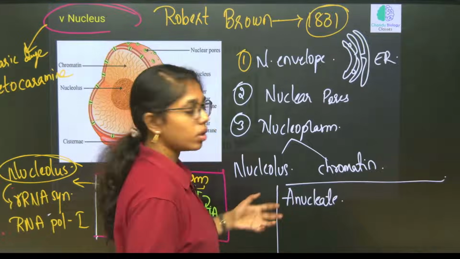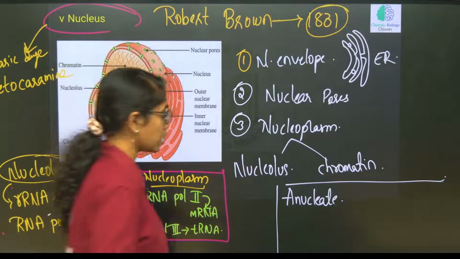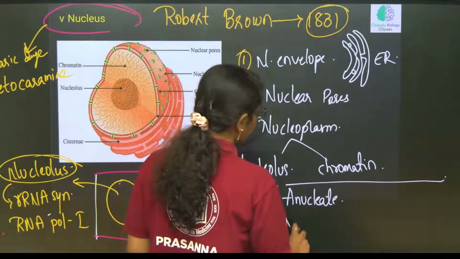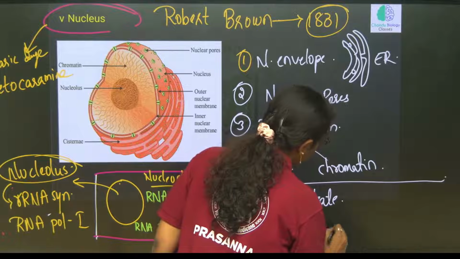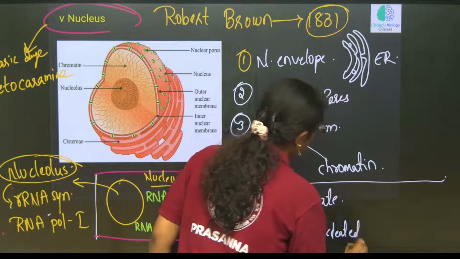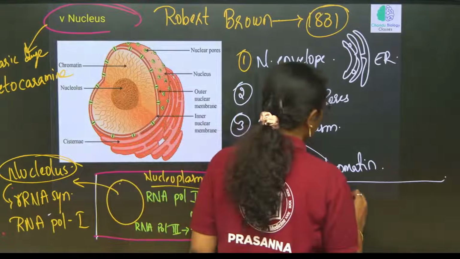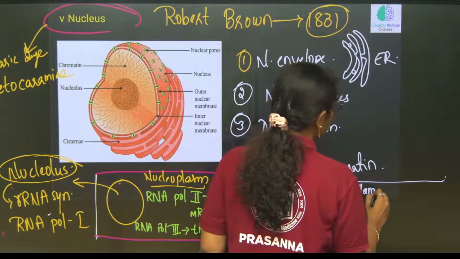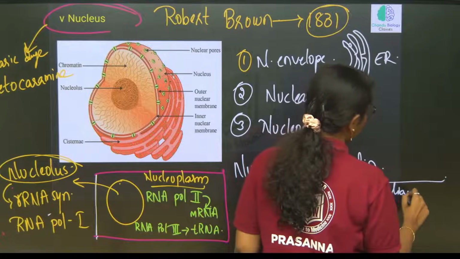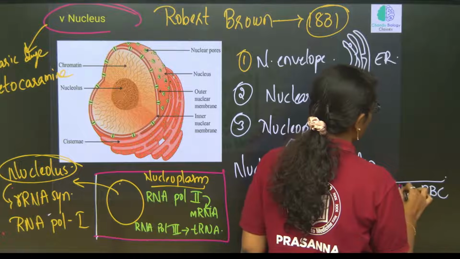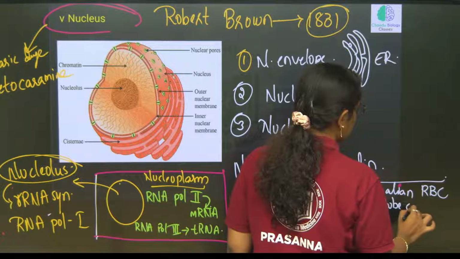In most living organisms, be it human cells, a single nucleus per cell is present, and in a few cells a multinucleated condition is observed. The anucleated condition you will see in mammalian mature RBCs, not in the progenitor cell, and in sieve tube cells.